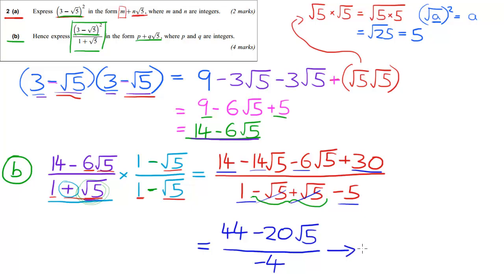That is equal to, let's bring that minus on the top, so times everything by minus 1, and then divide by 4. So divide everything by minus 4 even, that would make more sense. Divide everything by minus 4, and we get minus 11 plus 5 root 5, with nothing on the bottom. And that is our answer.